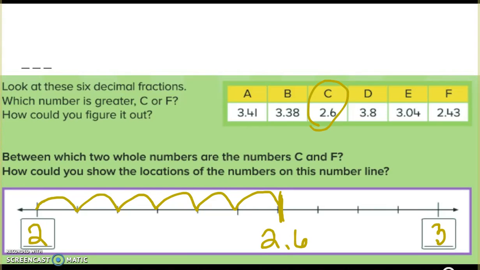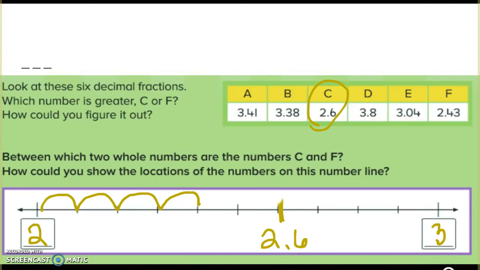Next, I'm going to go ahead and get rid of these hops so I can easily see the rest of the number line, so I can locate the 2 and 43 hundredths. In doing that, I'm going to jump my tenths, which is 4. 1, 2, 3, 4. Now it's not at 2 and 4 tenths, it's at 2 and 43 hundredths.